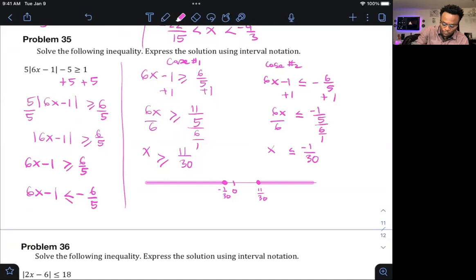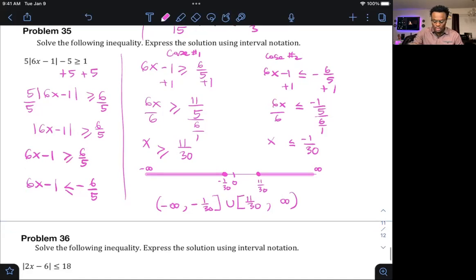So negative infinity over here and positive infinity. So your solution will look like negative infinity to negative 1/30 with a bracket, union, bracket, 11/30 to infinity. That is your solution set for this inequality.